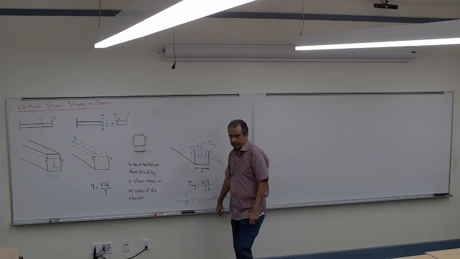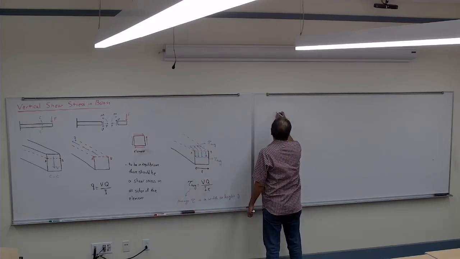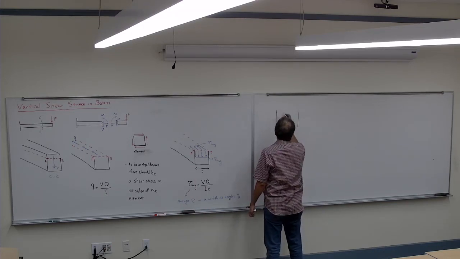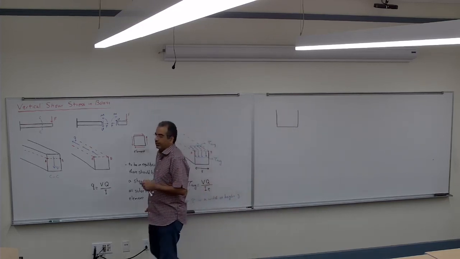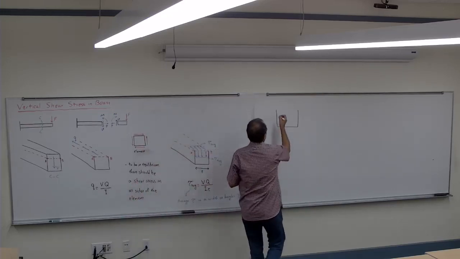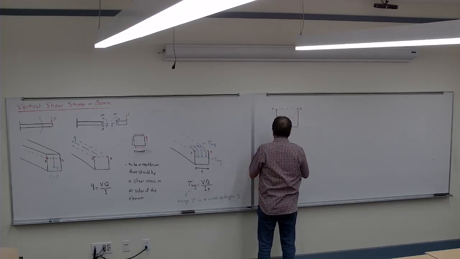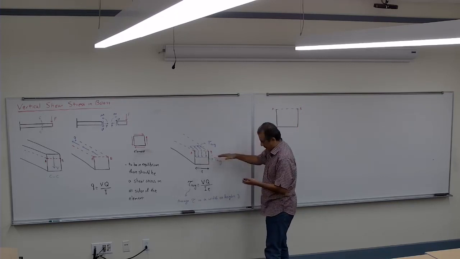So for example, I'm going to draw that AB. If I have the cross section there, I'm going to draw it a little bit larger, and that's the A and B. In reality, the shear stress is not going to be distributed like that.